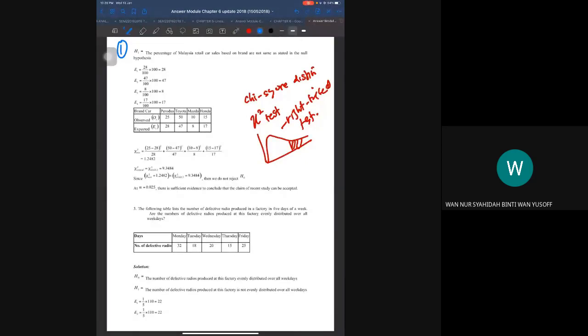Or you can state it based on your question, where the claim is whether the recent study is accepted or not. So you can write that for your hypothesis.